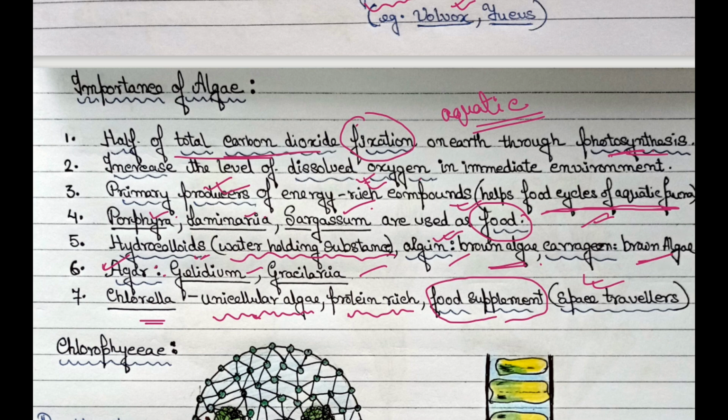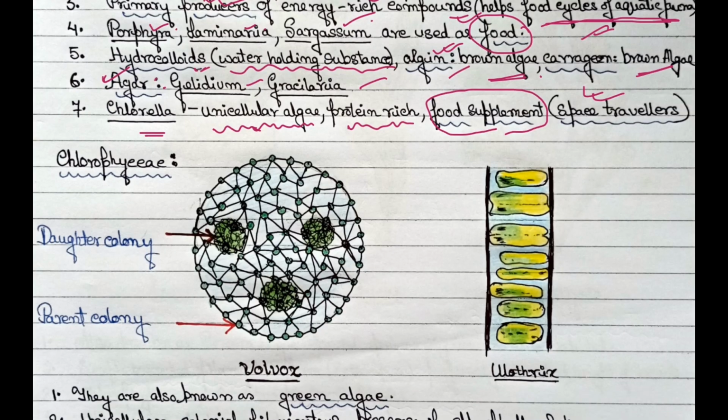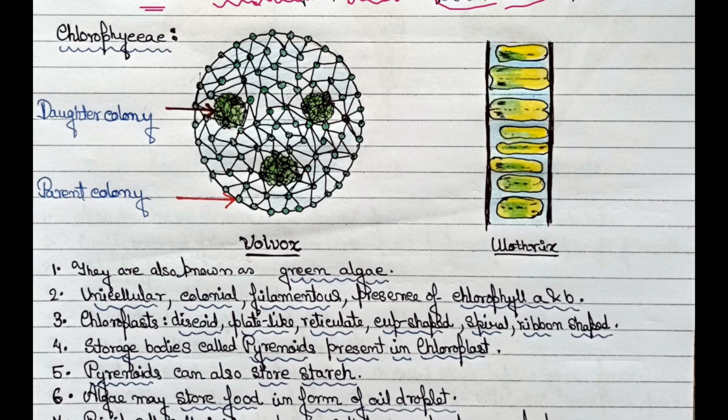Now we will be coming to the first division under algae, and that is Chlorophyceae. It has a very important and very famous organism, that is volvox and Eulothrix.